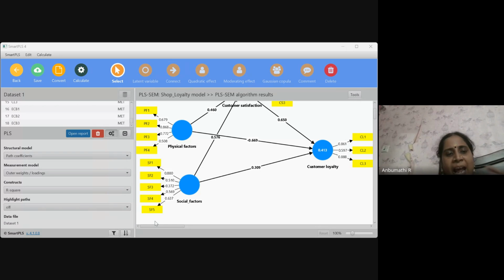If it does not have a major improvement, it is not advisable to remove SF2, because it is near 0.6, at 0.590, and it is better to retain it. Only with the factor loading, we will not come to a conclusion. While removing this SF3, we also see the composite reliability and Cronbach's alpha. So it's a trial and error process.